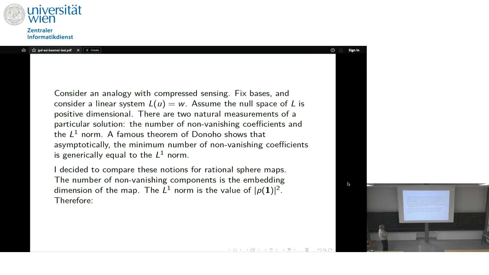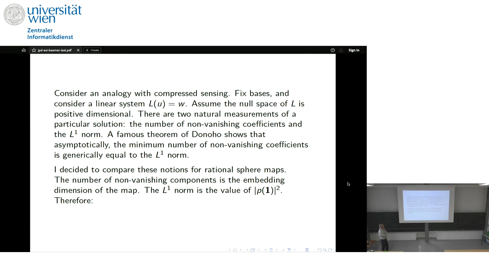You have a linear system in a large number of real variables. Null space is positive dimensional. You want to calculate the number of non-vanishing coefficients of all solutions, and find the one with the fewest. And this theorem says that asymptotically, the minimum number of non-vanishing coefficients is generically equal to the L1 norm.